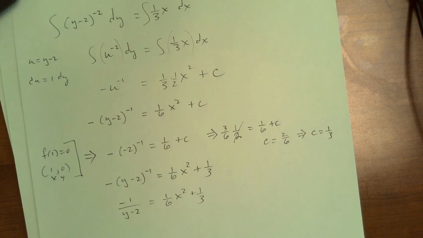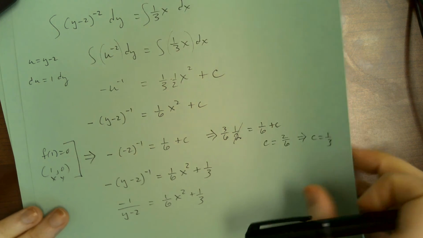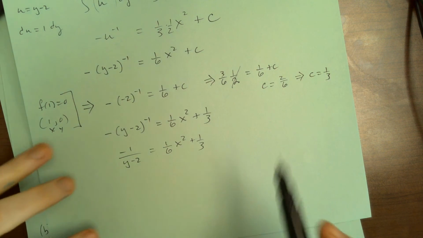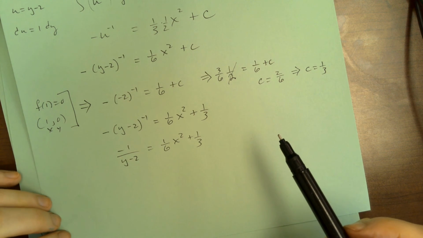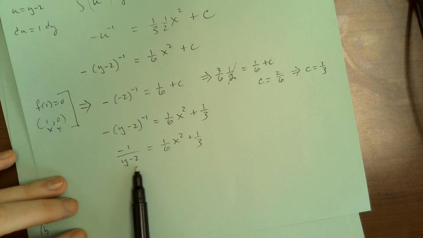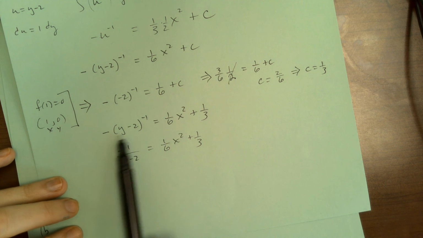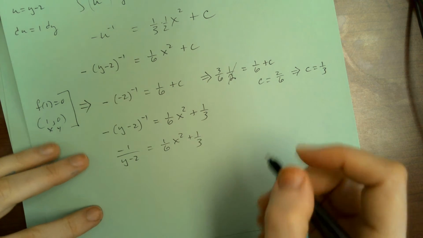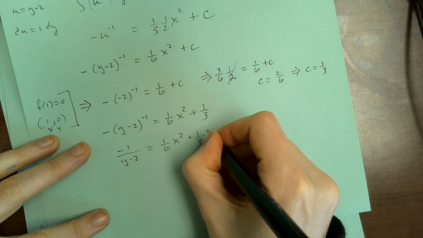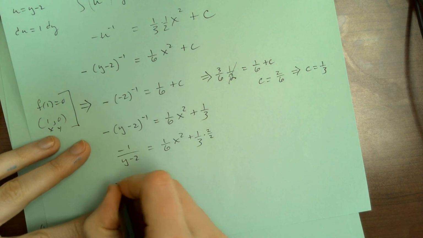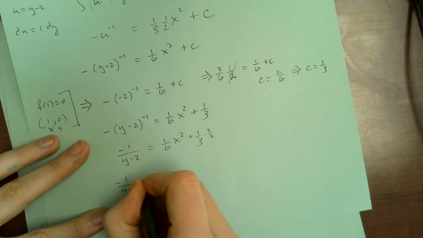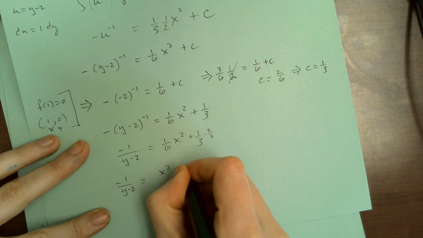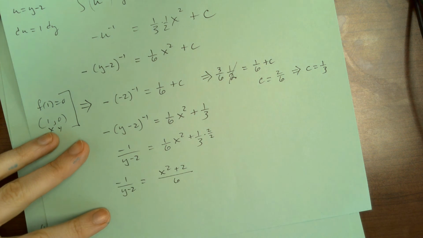Now, guys, kind of a messy way. Let me do it a nice, clean looking way, and then I'll show you a messy way that would also work. So here I've got just this single fraction. If I make this a single fraction, then I could cross multiply. That might help. So I could multiply this by 2 over 2. So this is negative 1 over y − 2 is (x² + 2) over 6.